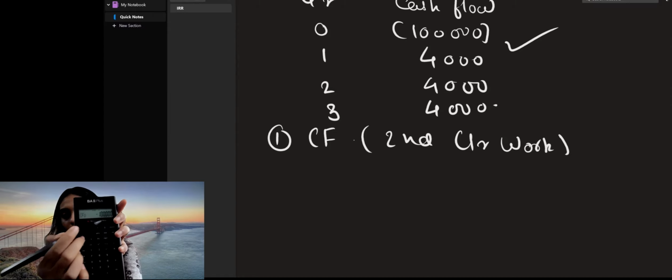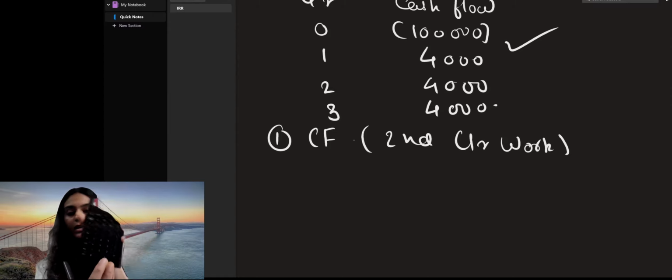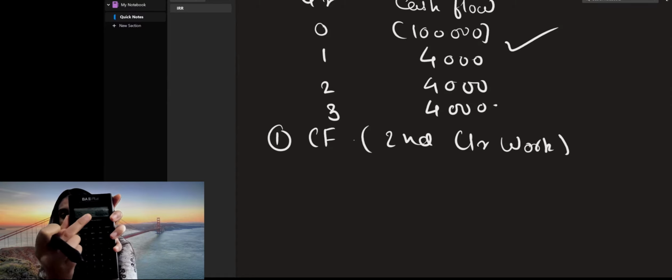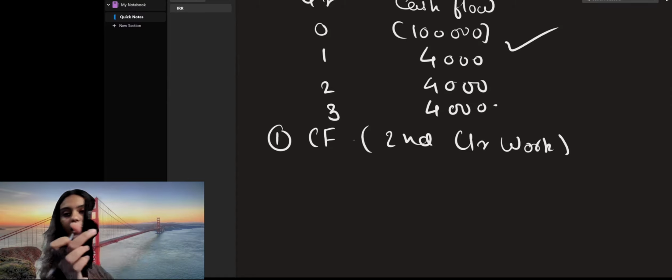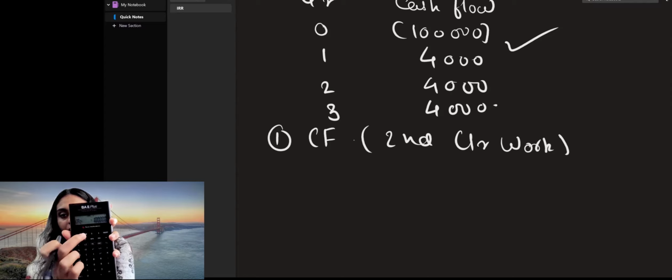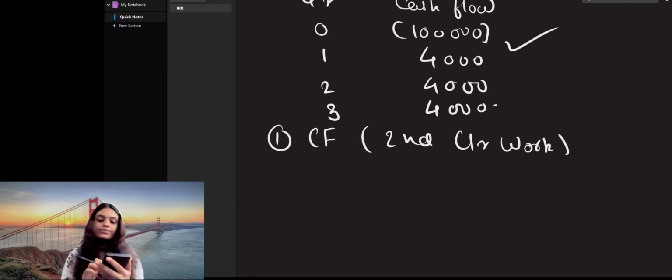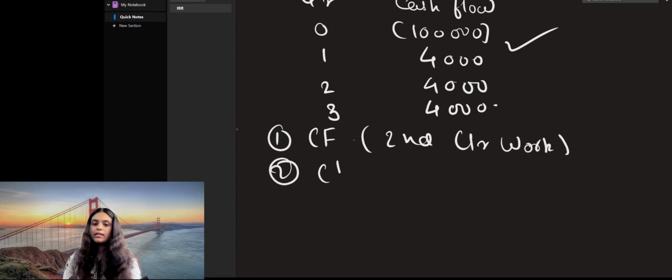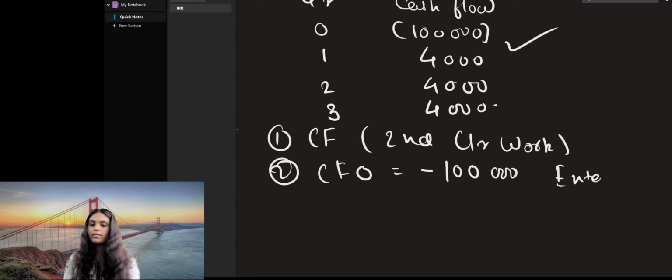So first put 1 lakh, then click this, which will make your number negative, and then you will click enter and down button. Okay, second, in CF0, you will put negative 1 lakh, then enter, and then down button.